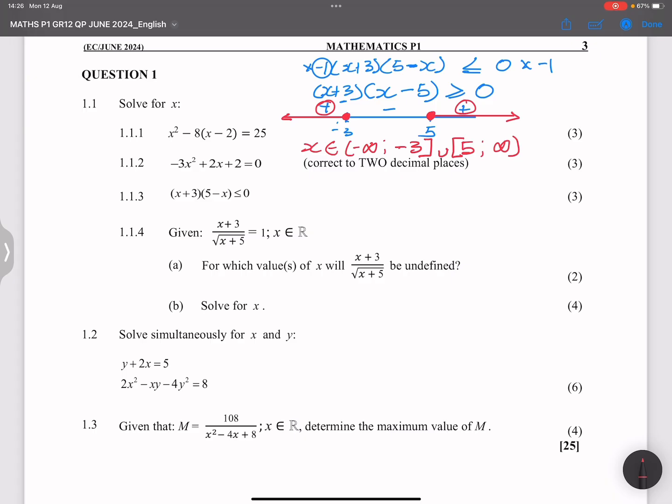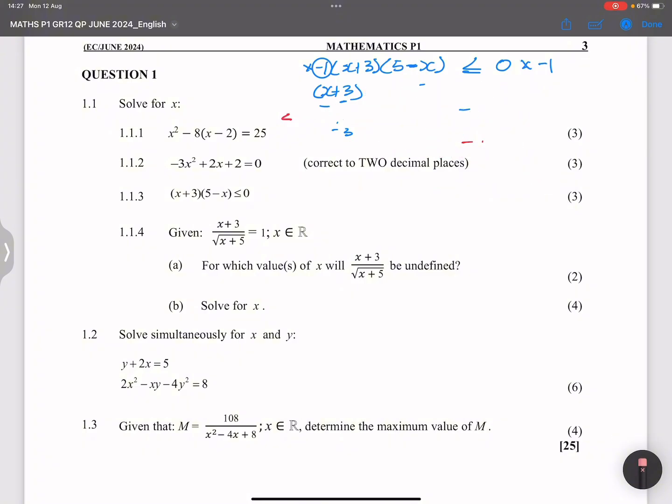So that's what our answer looks like. Now, you can also write this as x is less than or equal to -3, or x is greater than or equal to 5. Right, and that is how the cookie crumbles, ladies and gents. That's how I would have answered that inequality there.